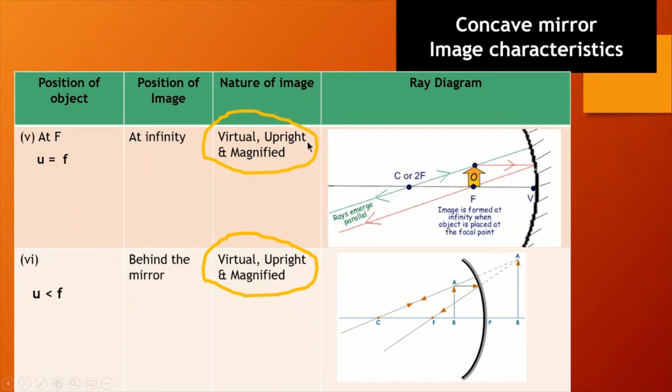So virtual, upright, and magnified, because it's now even nearer to the mirror. And of course, if u is less than f, even nearer to the mirror, it is still virtual, upright, and magnified. So for these last two cases, case number 4 and 5, the image is virtual, upright, magnified.